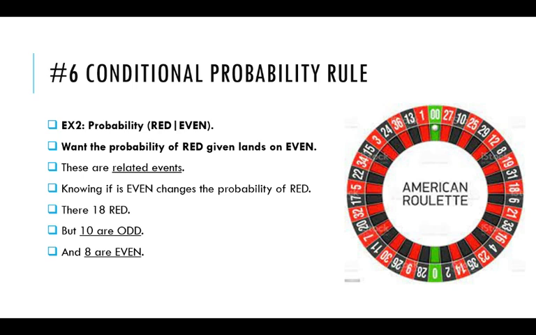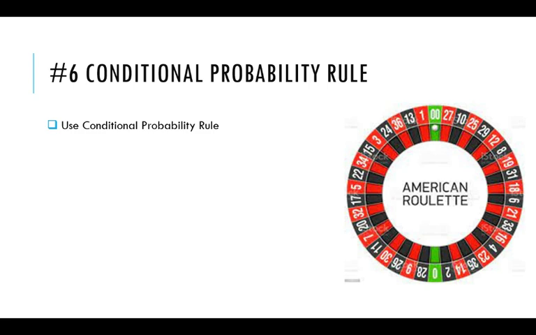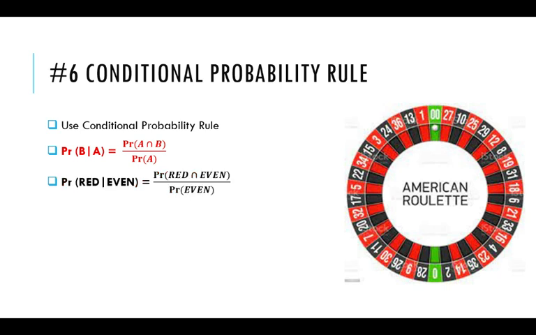So we need to employ our equation. We're going to use that conditional probability rule. So we understand this as the probability of B given A, which we can translate into the probability of red given even. On the numerator, we have the intersection, and on the denominator, we just have the probability of the given part, which is even.